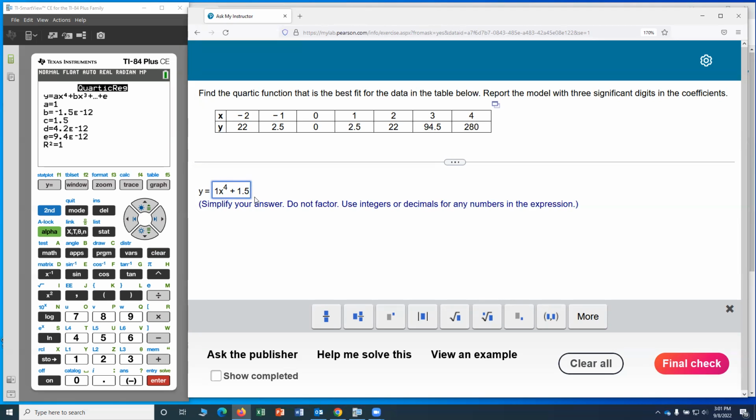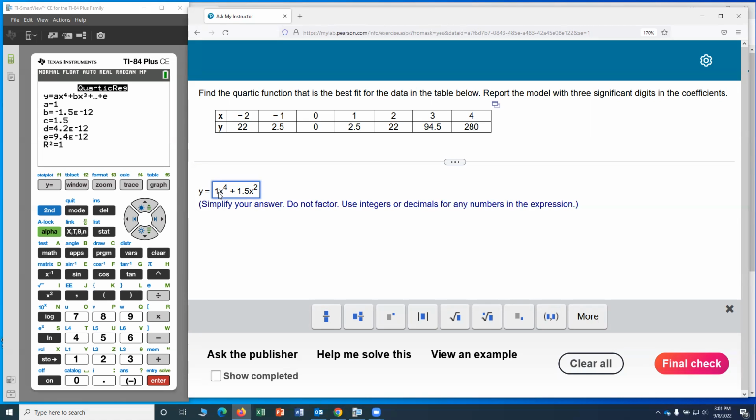So it will be 1.5x squared. And then dx, and then e. So both D and E are in scientific notation, basically representing the number 0 because of that E -12.